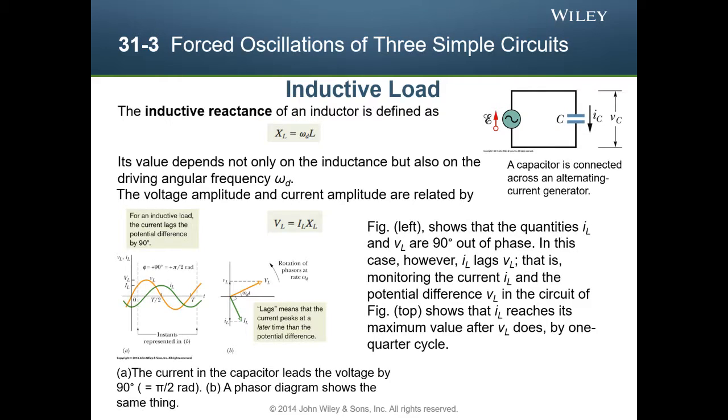And this is an inductor, so we'll write it as Z_L equals j omega L. This is what we know as the phasor.